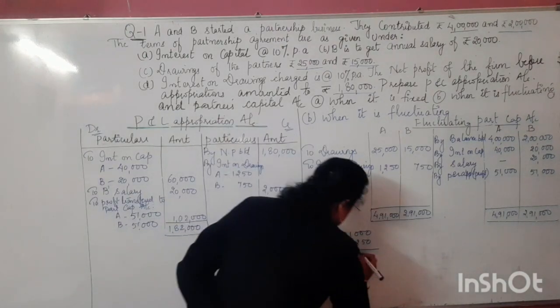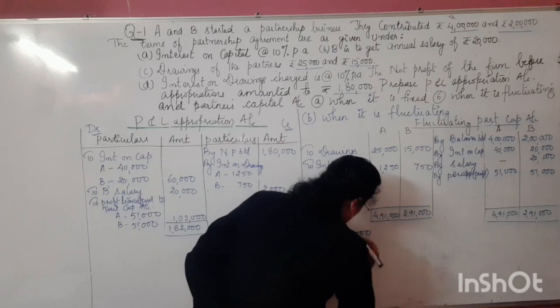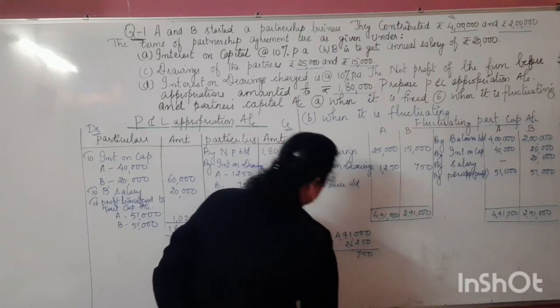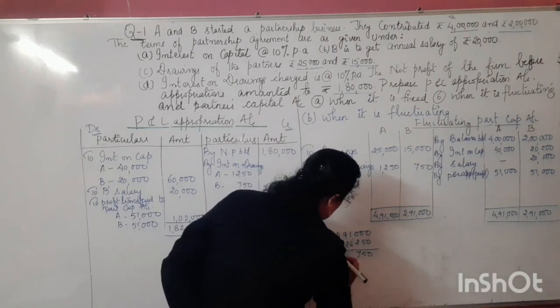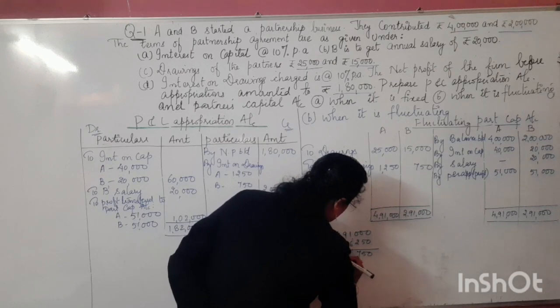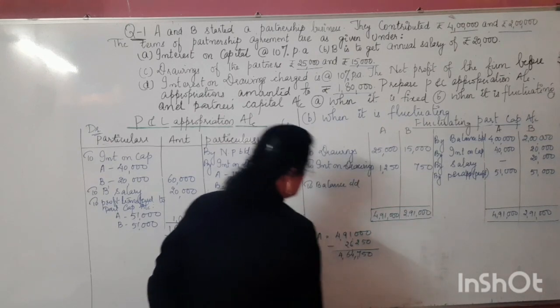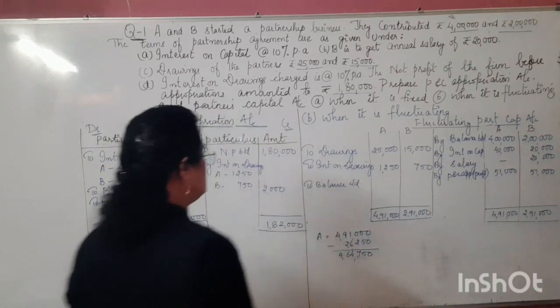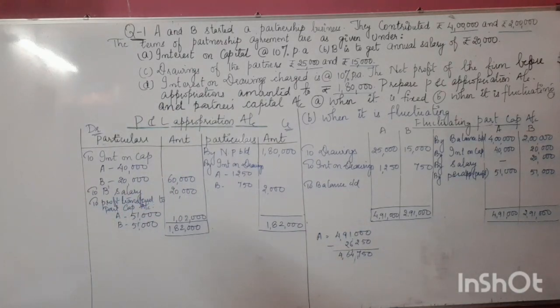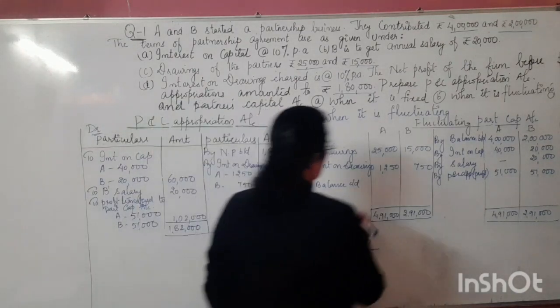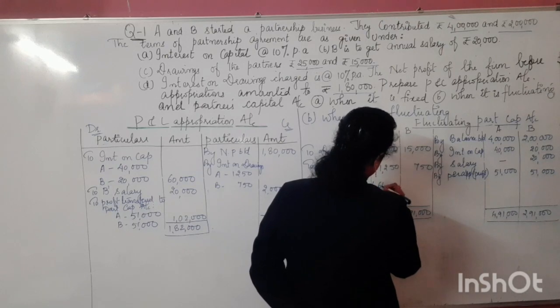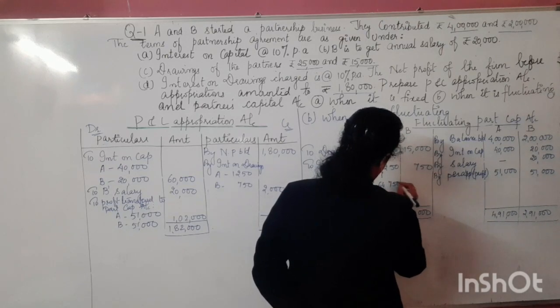When we subtract this, definitely we should get the value here as 4,64,750 for A. Okay, so let's write down here 4,64,750.